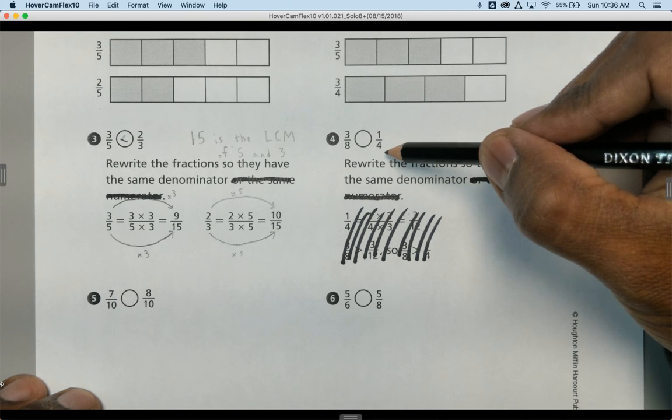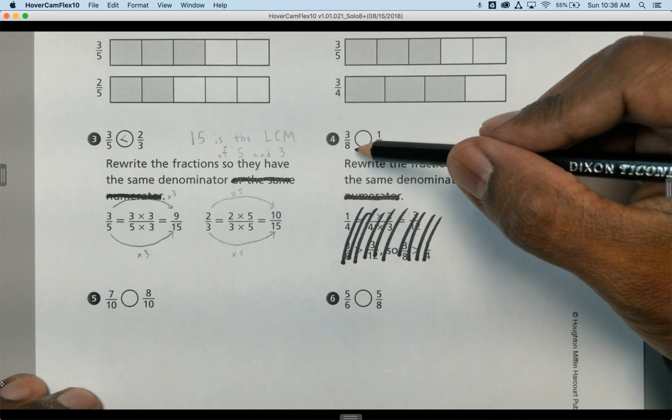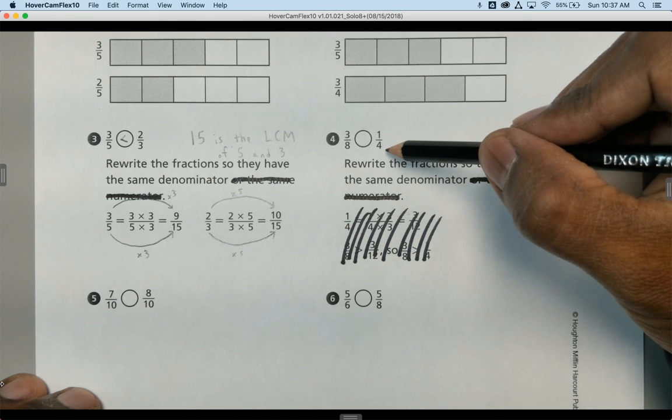And that means I don't need to do anything to 3/8 because it already has 8 as its denominator. I simply need to rewrite 1/4 to show it as having a denominator of 8. Let's do that.